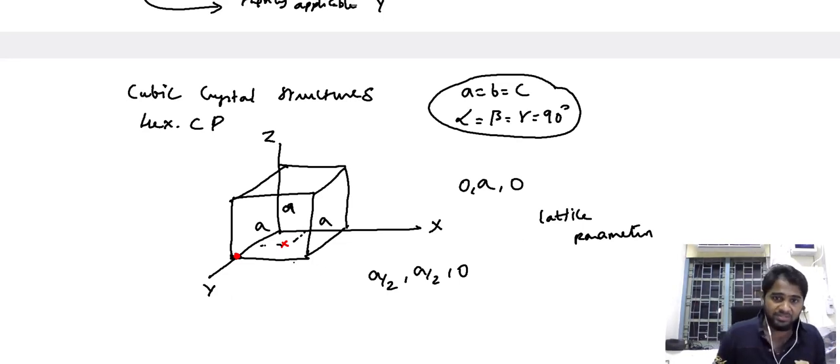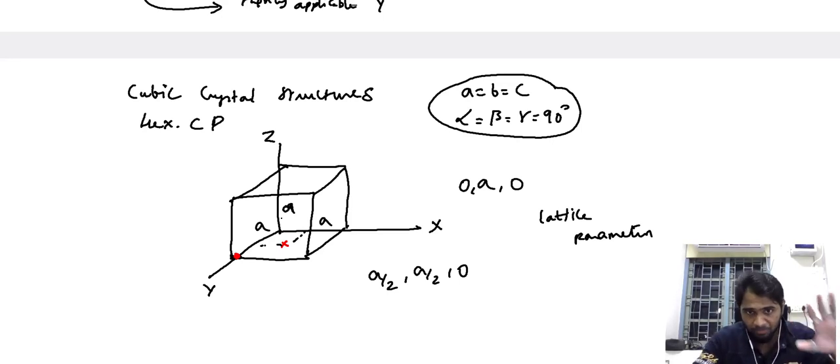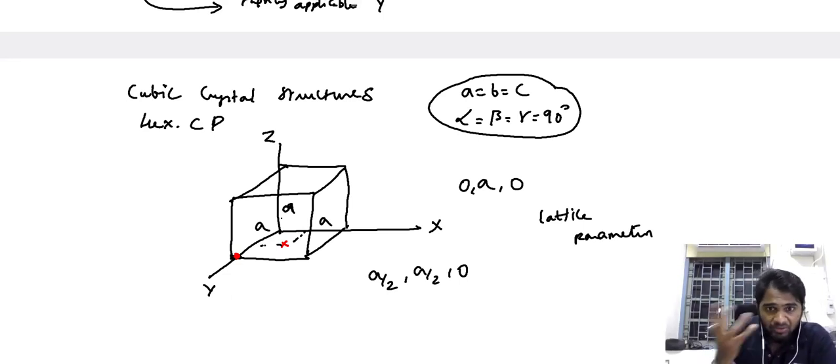We will soon realize that even independent of this x, y, z coordinate system, we will be able to describe points and several parameters within the unit cell.